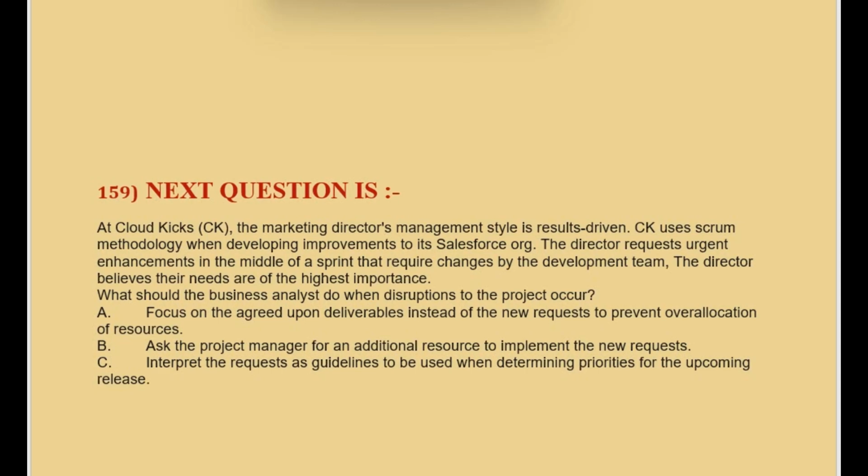What should the business analyst do when disruptions to the project occur? Option A. Focus on the agreed upon deliverables instead of the new request to prevent over-allocation of resources. Option B. Ask the project manager for an additional resource to implement the new requests. Option C. Interpret the request as guidelines to be used when determining priorities for the upcoming release.